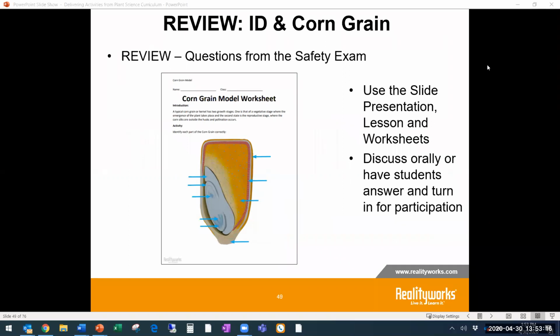The next one here is a review. Once you've worked through the identification of the different deficiencies with the problem, we also have a corn plant, or corn grain, worksheet.